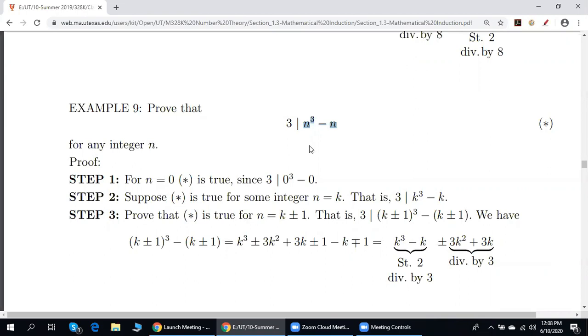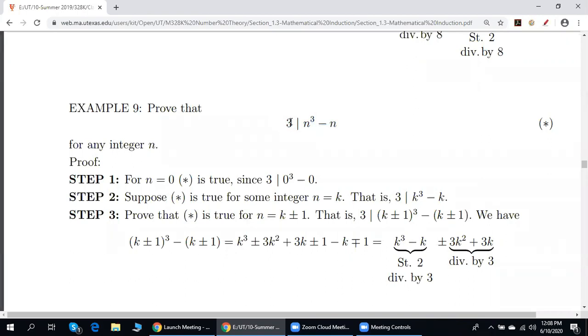Because in problem number 2, we want to prove that 3 divides n cubed minus n for any integer n lesser or equal to 0. We have to go in the negative direction. And now let us combine these 2 cases together.